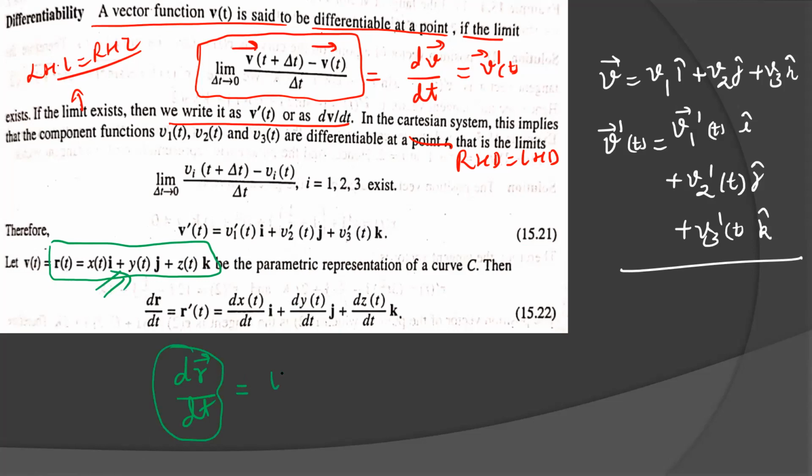It represents the velocity of the particle moving along the curve C. How do you differentiate it? You just have to differentiate with respect to t on both sides.